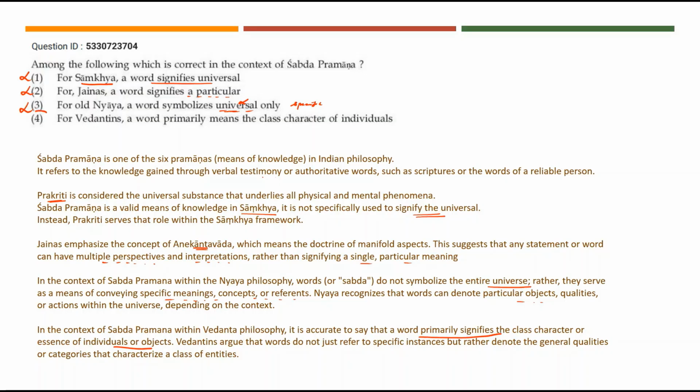So we can mark option number 4 as the right answer to this question. Vedantins argue that words do not just refer to specific instances, but rather denote the general qualities or categories that categorize a class of entities. Here also it is not going specific, but to a class of entities. That is where we map class character of individuals.